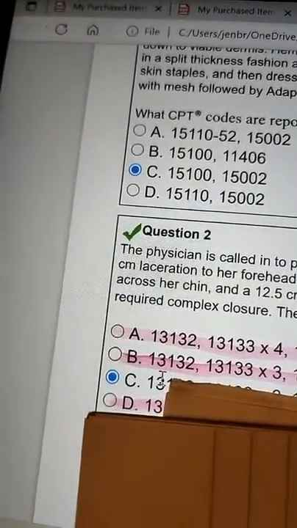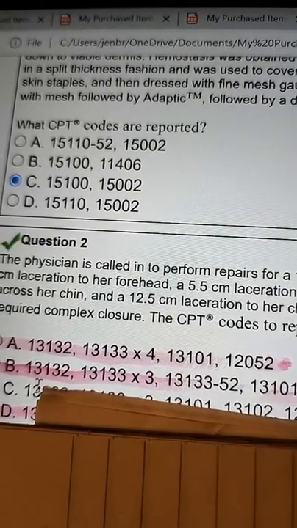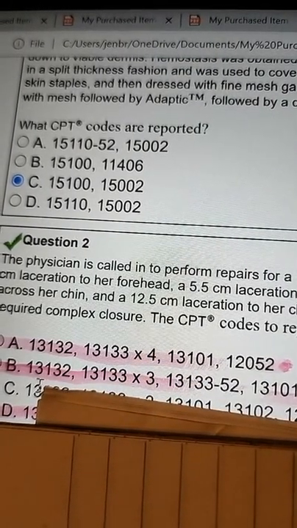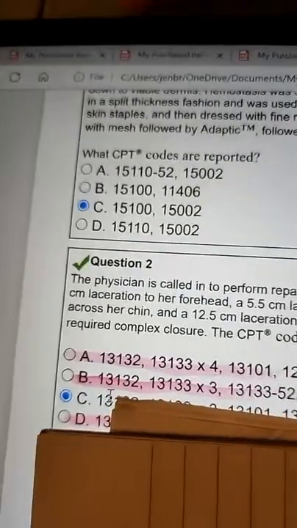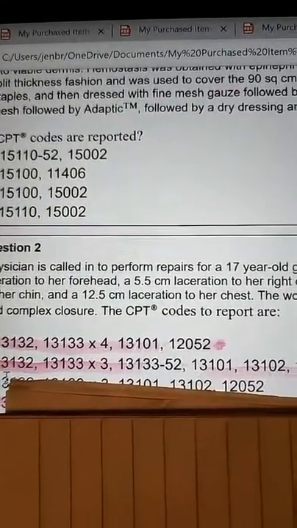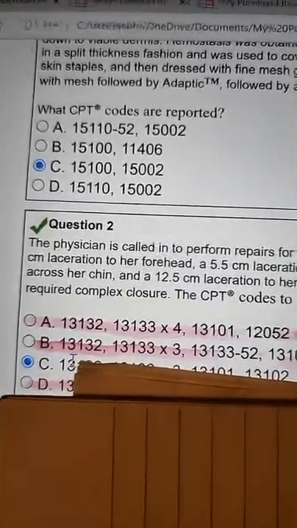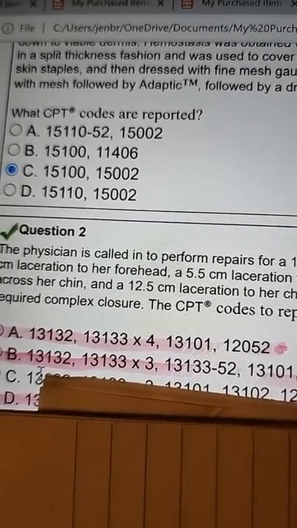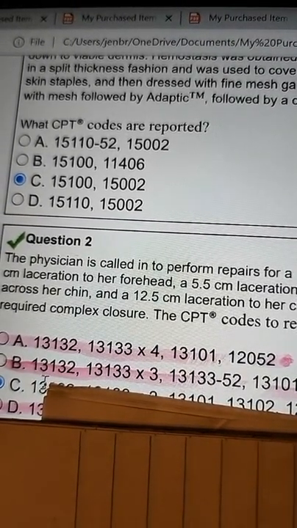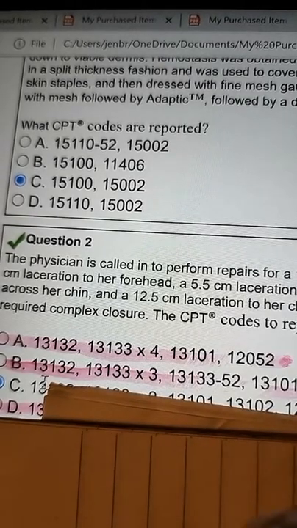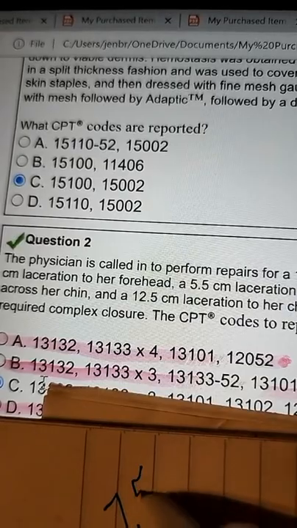We're only looking for a laceration on her forehead, but they're saying 8.6 forehead, but laceration to her forehead and a 5.5 on her cheek and all that stuff. Why is the 33? Is each additional? Okay, so the 32 does only to 7.5, which is correct.